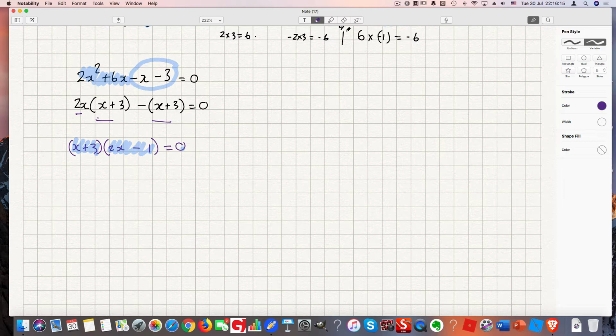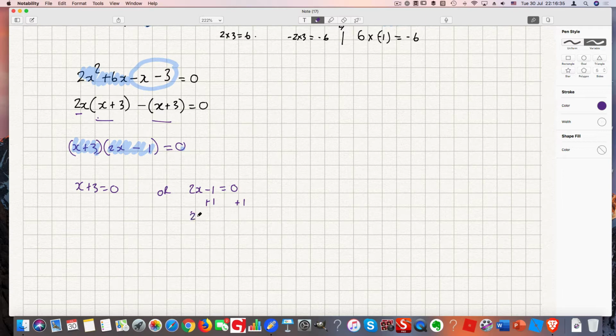So we just express these two as x plus 3 equals 0, or 2x minus 1 equals 0. Here we need to add 1 on the left hand side and 1 on the right hand side.